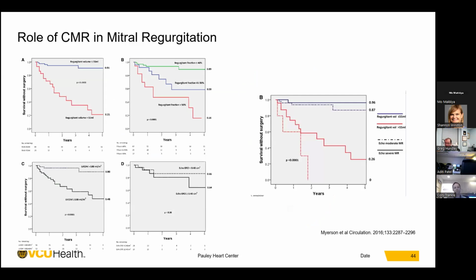Another study from Oxford showing that CMR can provide prognostic information in patients with moderate to severe asymptomatic mitral regurgitation.